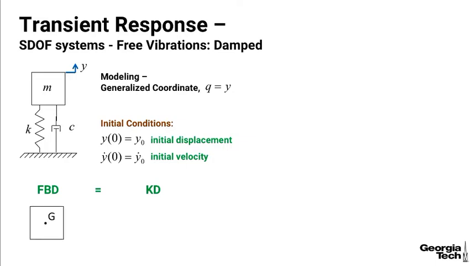Okay, so do a free body diagram equals kinetic diagram. I draw the system in its displaced position, so I'm going to have the displacement up along with the velocity and acceleration up. So that's going to give me a spring force from the static equilibrium position down, ky, and the damping force will be c y dot. On my kinetic diagram, I'm going to have my mass times my acceleration in the positive direction upward.